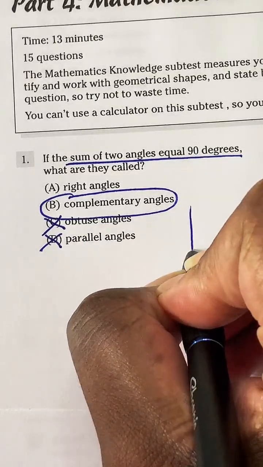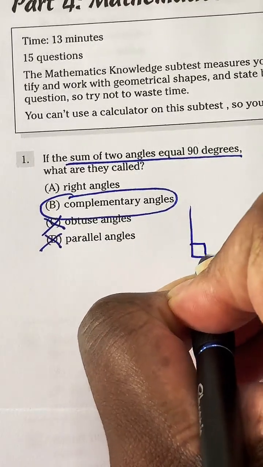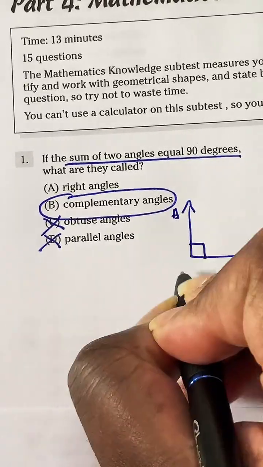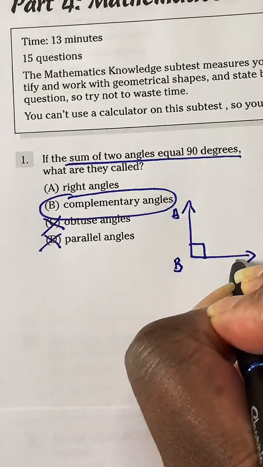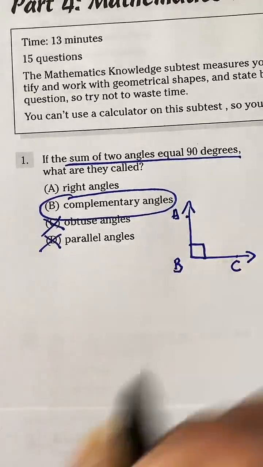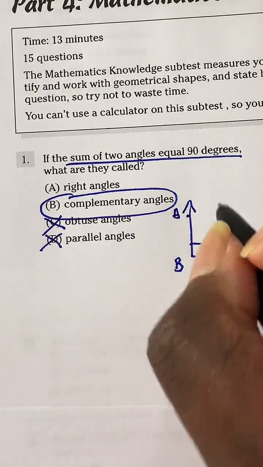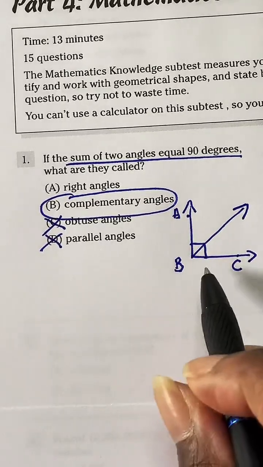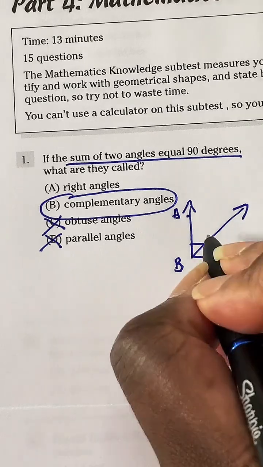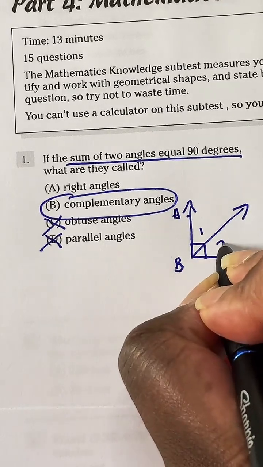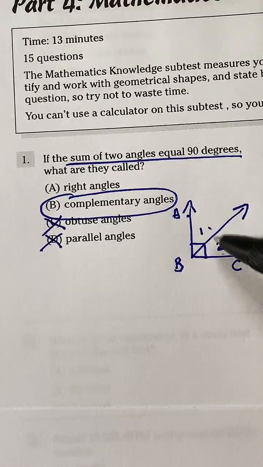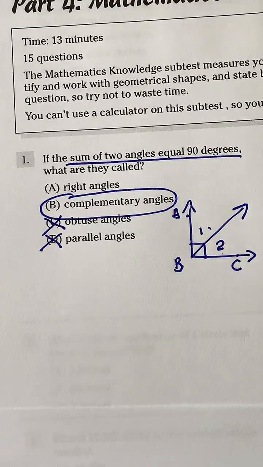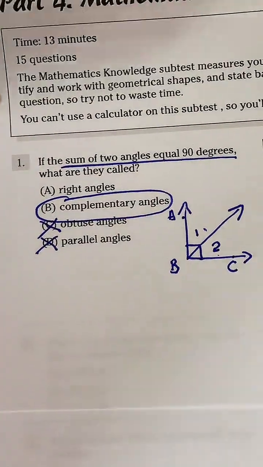So if I have an angle as such, let's say this is A, B, C. This is a right angle. But if I have maybe an angle bisector, that means this angle 1 and this angle 2, if I add those two angles up, it will equal 90 degrees. So they are called complementary.